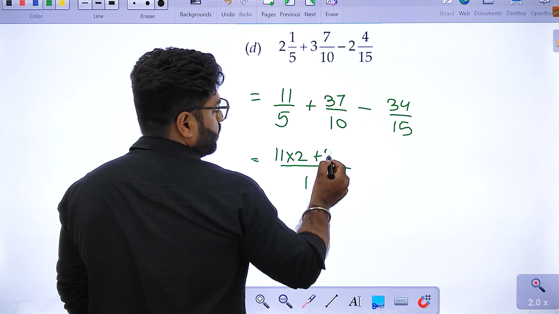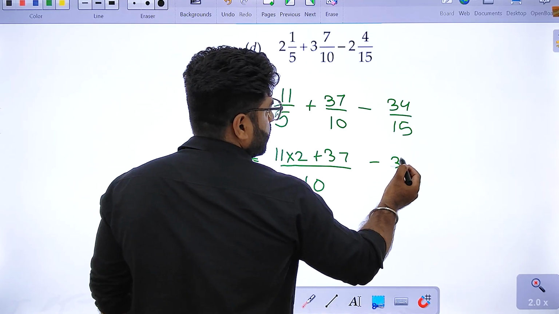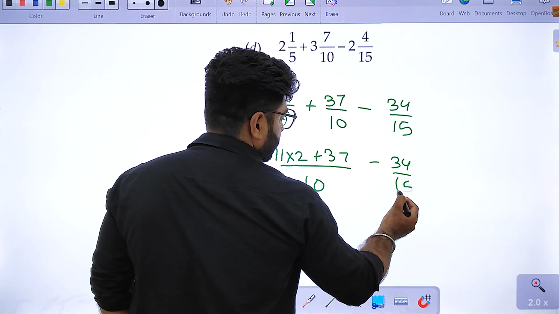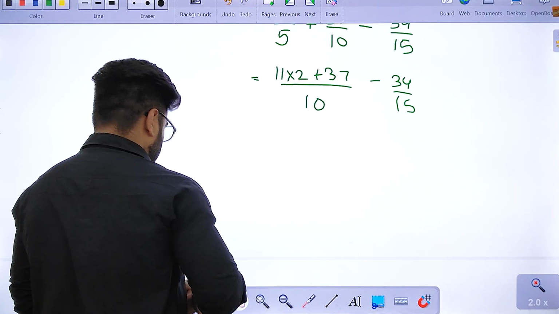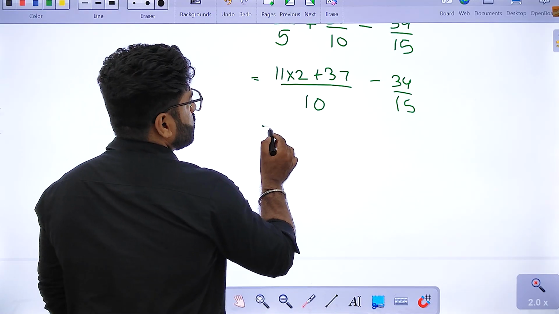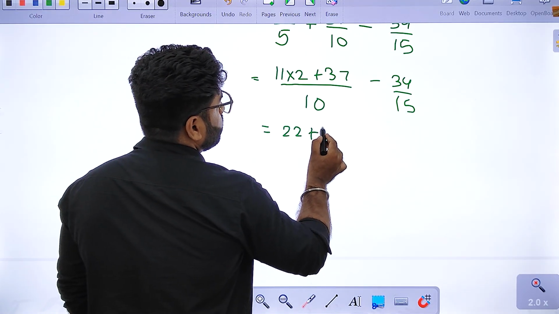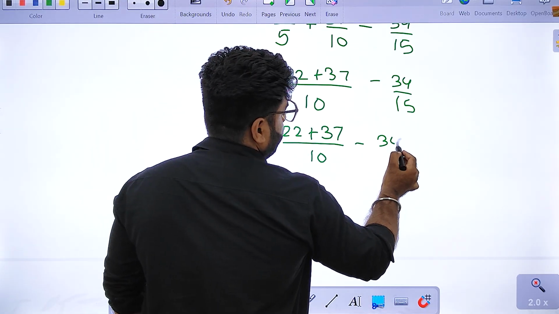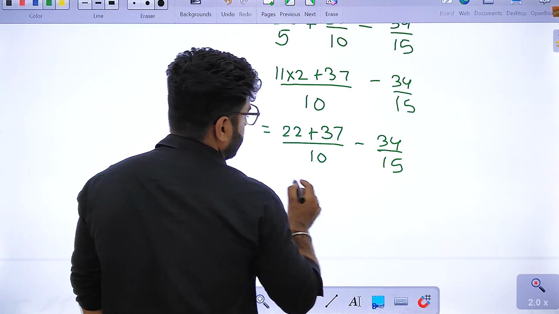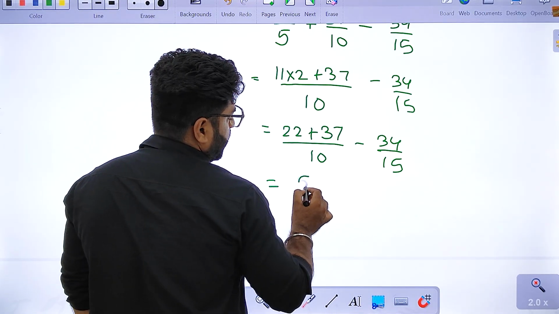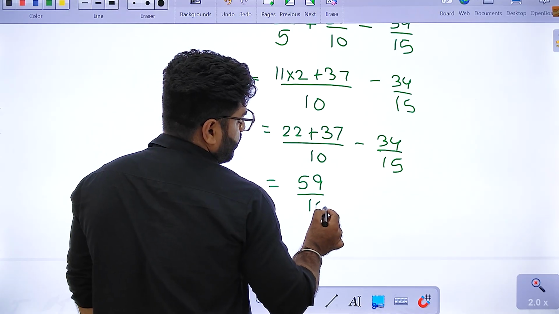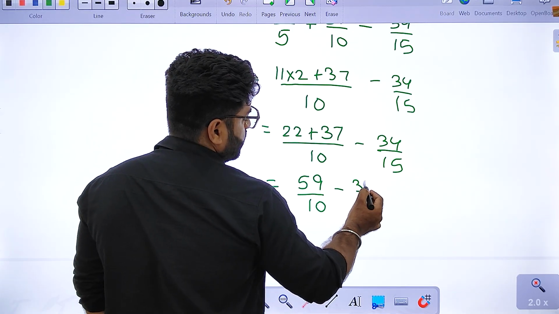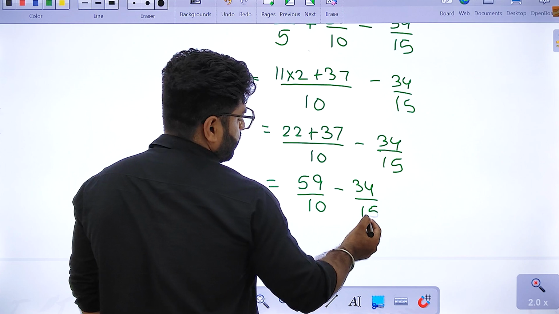So now we are going to solve this part first, that is 22 plus 37 by 10 minus 34 by 15. So here we are having 59 by 10 minus 34 by 15.